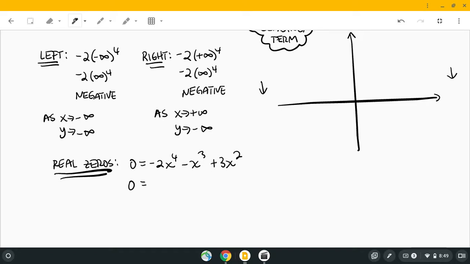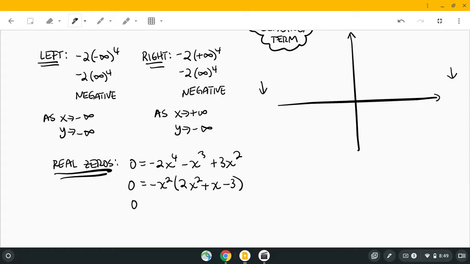So I'm going to go ahead and factor out x squared. I'm also going to factor out negative x squared because I like my leading term to be positive here. Okay, so negative x squared. So I'll be left with positive 2x squared plus x minus 3.